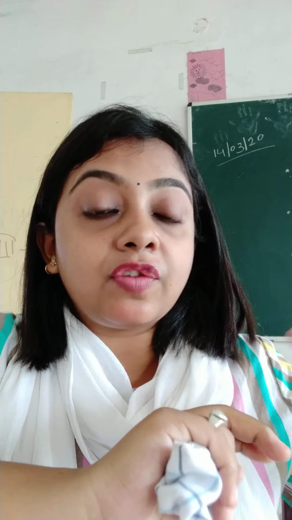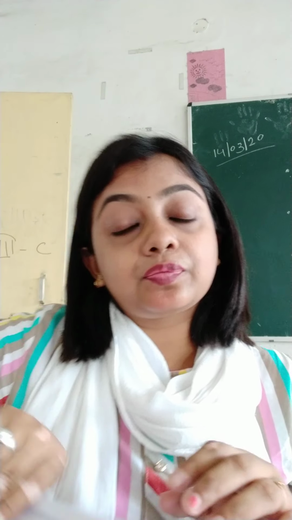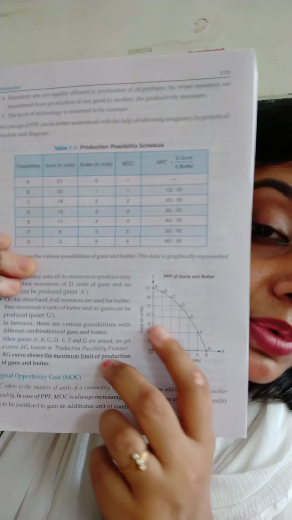Earlier in demand, I explained that when two variables move in opposite directions, there is a negative relation. Here the thing is the same. If I am increasing the production of cloth or butter or food, then I have to decrease the production of guns, because my resources are scarce and I have to use them for the two. So both variables are moving in opposite directions, so it is again downward sloping.